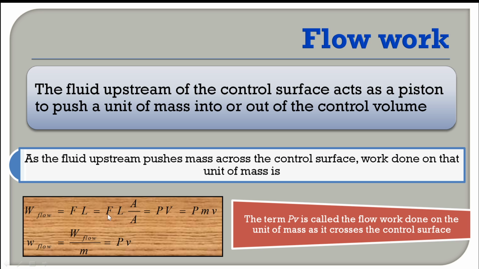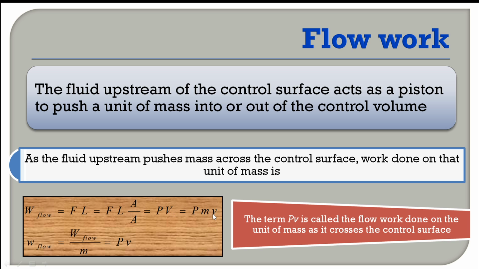So now you know that F by A is P, force per unit area, normal force exerted per unit area is pressure, and the area multiplied with the length is nothing other than volume.